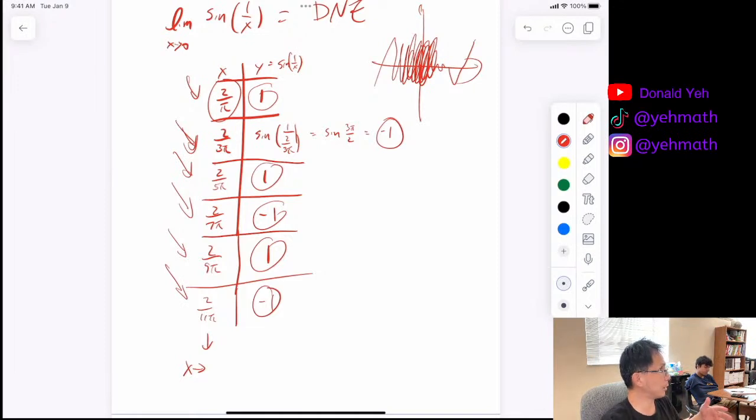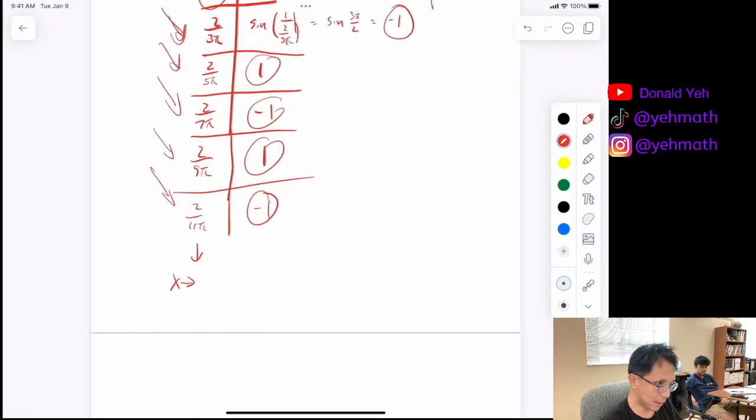The numerator stays the same, the bottom keeps on increasing. As I'm going towards 0, I only see +1, -1, +1, -1. Even if I see 2 over 13 pi, 2 over 15 pi, it just gets smaller, and I still don't know whether it is positive or negative.